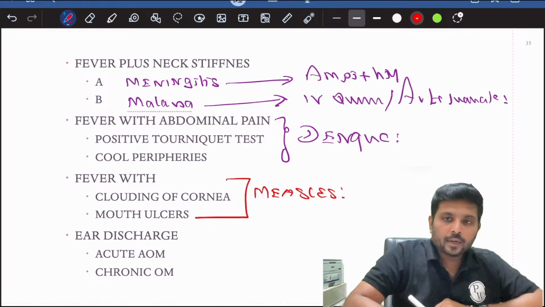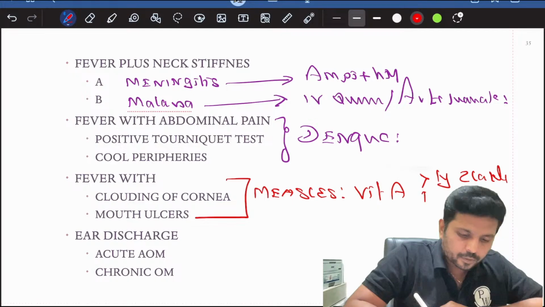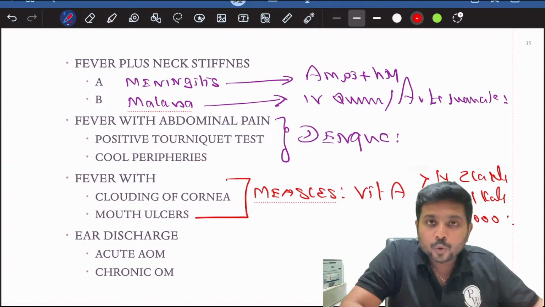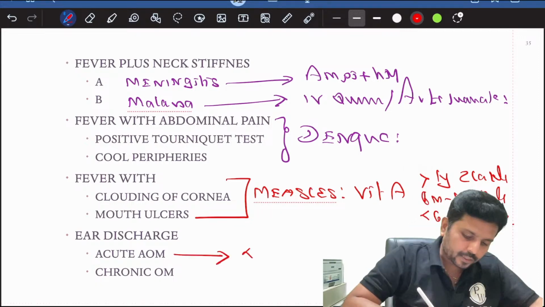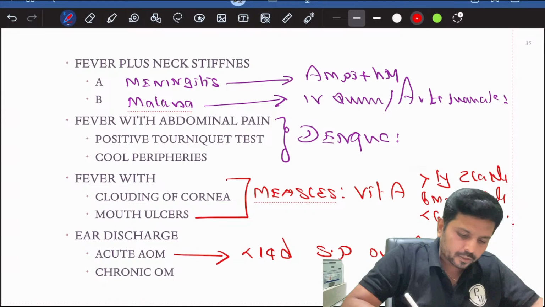Give vitamin A: for more than 1 year, 2 lakh single unit; for 6 months to 1 year, 1 lakh 50,000 international units of vitamin A. And remember, vitamin A reduces overall mortality, not just prevents blindness. Eye discharge in IMNCI less than 14 days is Streptococcus pneumoniae. Oral amoxicillin is the drug of choice.